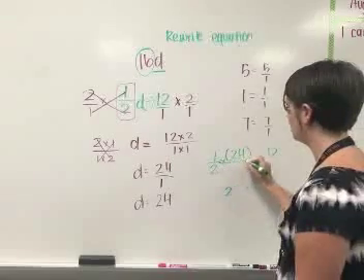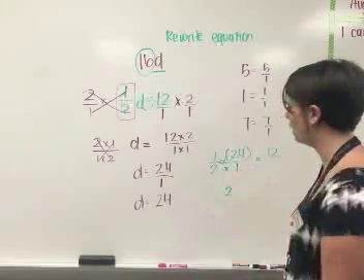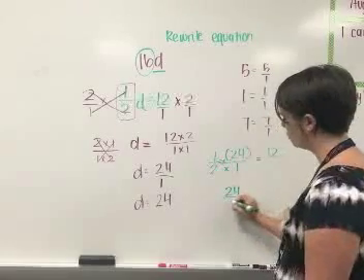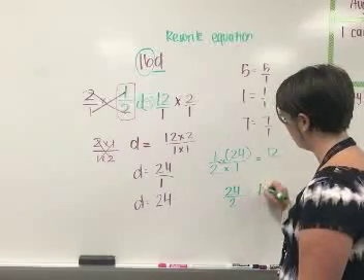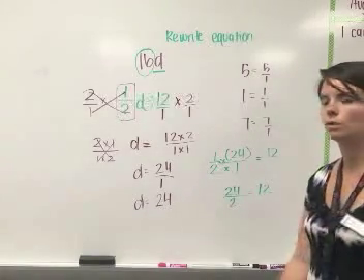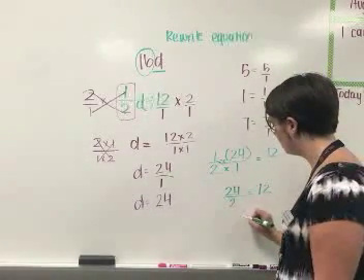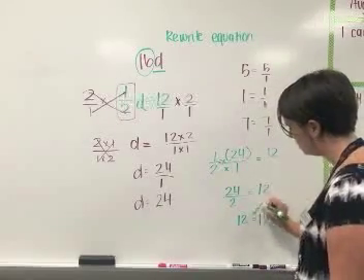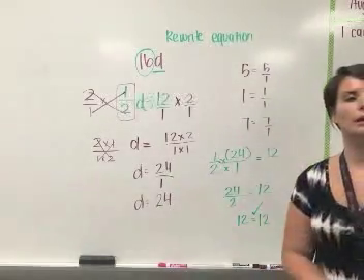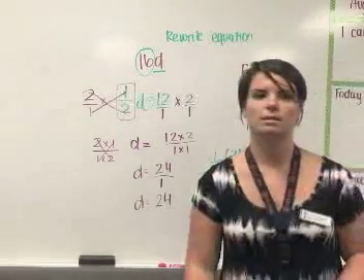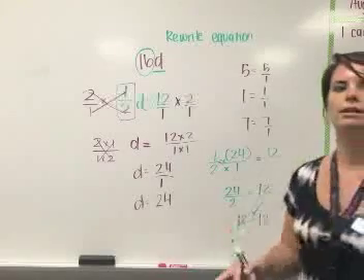So multiply. 1 times 24 is 24. 2 times 1 is 2. Does that equal 12? It does. 2 into 24 equals 12. 12 equals 12. It's the same number on both sides of my equal sign? Absolutely it is. Does that mean my equation is balanced? Absolutely it does. It doesn't mean that one side is heavier or lighter than the other.